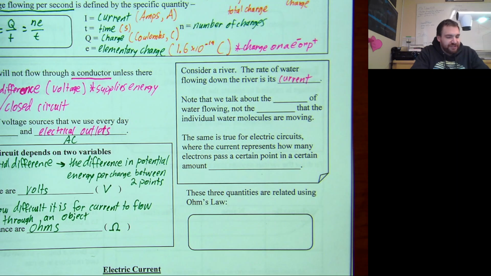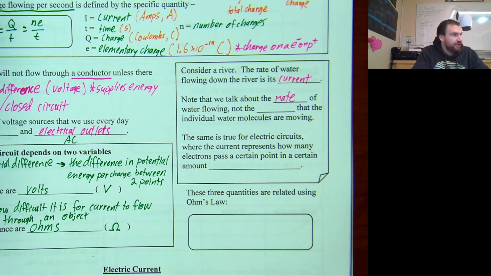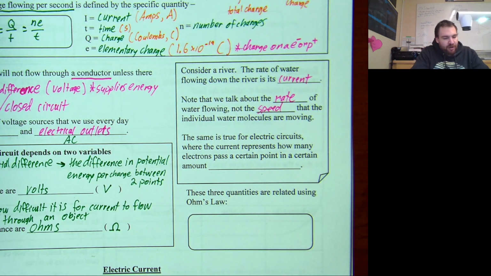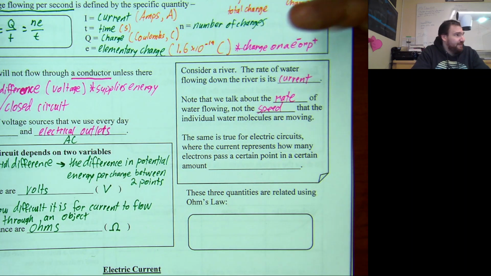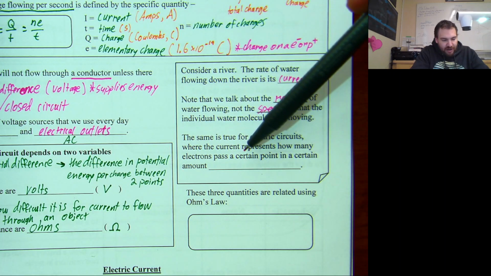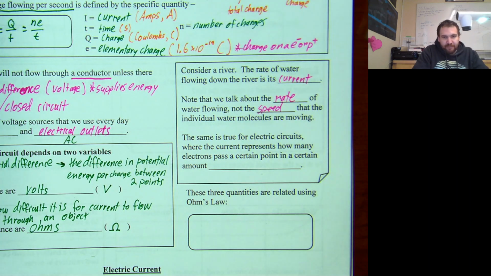And when we talk about the current in a river, what we're talking about is the rate of the water flowing, how much water is flowing past you, not the speed that the individual water molecules are moving. So it's not just how quick the water is, it's how much water per time is flowing past us. That's what we define current to be when we're talking about electric circuits as well. The same is true for electric circuits, where the current represents how many electrons pass a point in a certain amount of time.